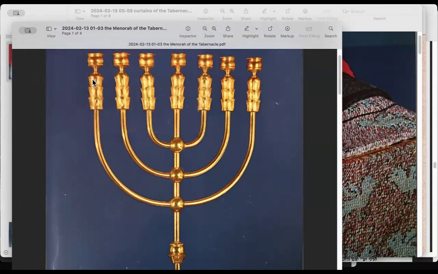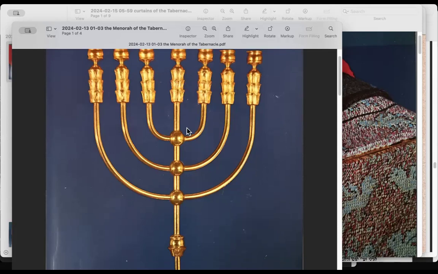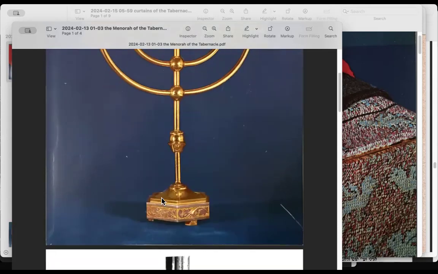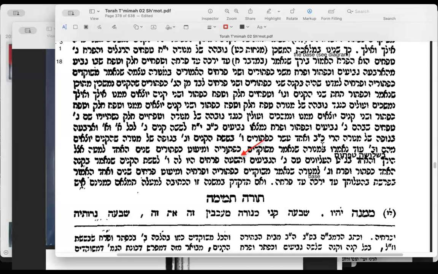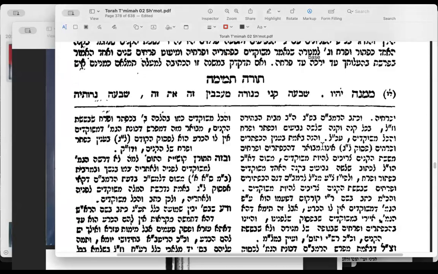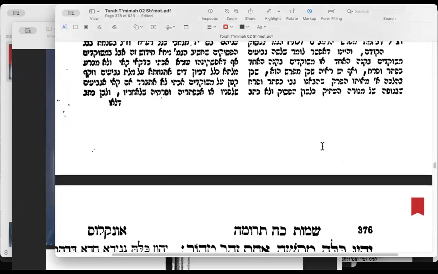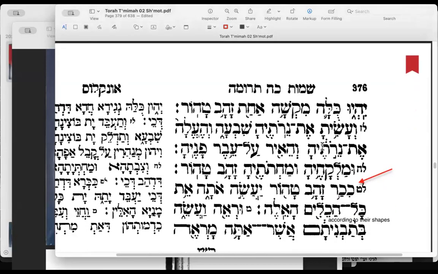So there's 6 of them on the branches: 1, 2, 3, 4, 5, 6. So that's 6. And then there's one right here, one right here, and one right here. That's what he's referring to, and that's how you get the 9. Okay? So let's go back in here, and now we can go on. Now that took care of that, because I did not give you a clear answer yesterday.